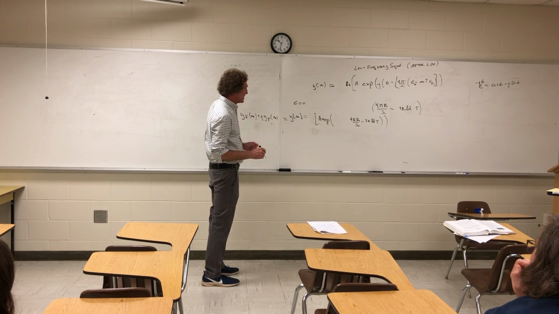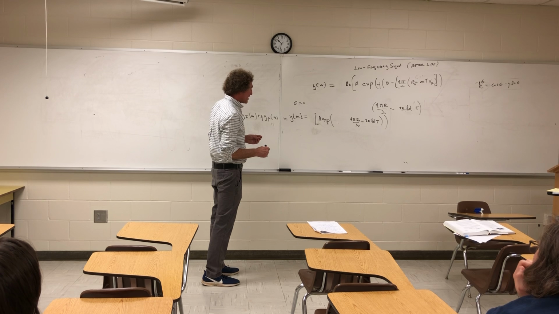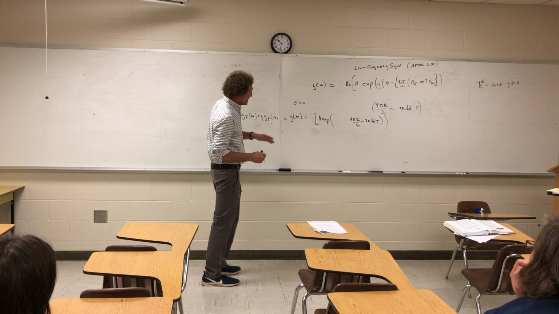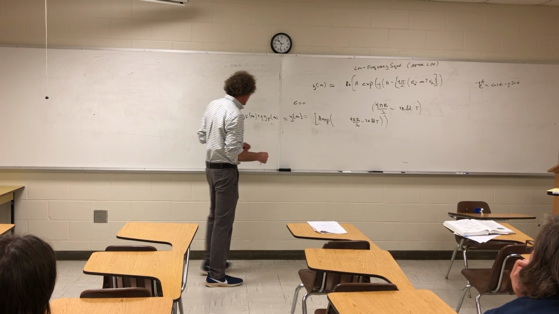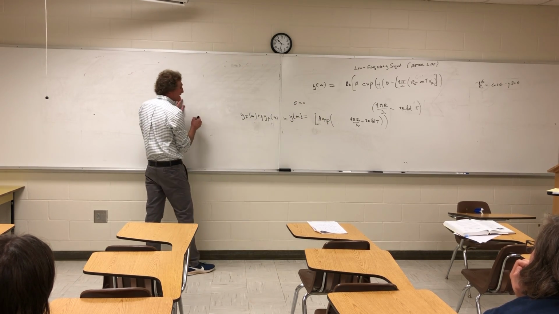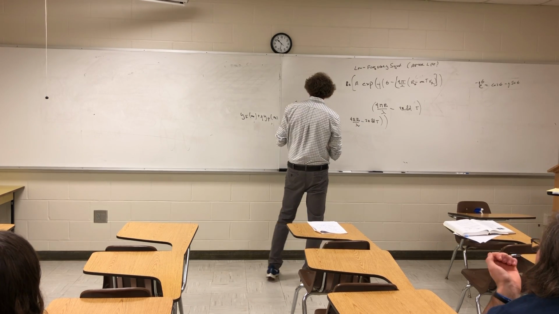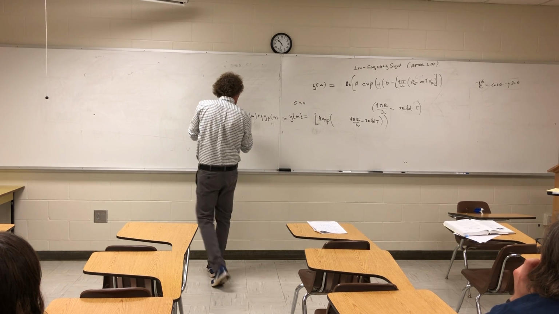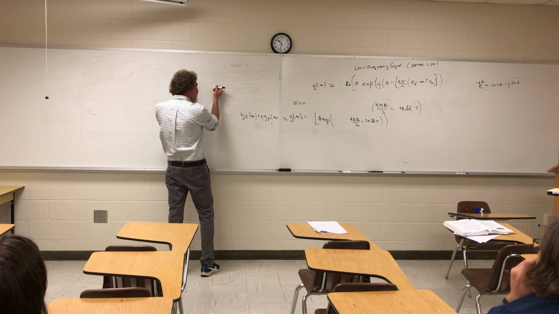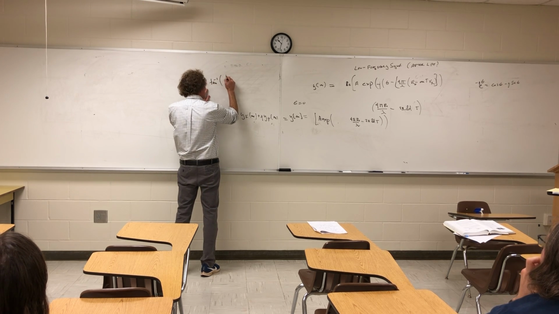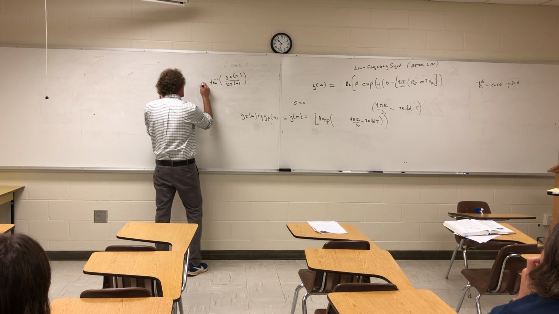My bad. This should just be A e to the j (4 pi R naught over lambda naught minus 2 pi f Doppler t). And the exponential form takes care of the real and imaginary part. Now I can say that if I want the actual Doppler frequency here, because I've got the real and imaginary, I can say that tan inverse of y quadrature of m over y in-phase of m here is going to be an angle.